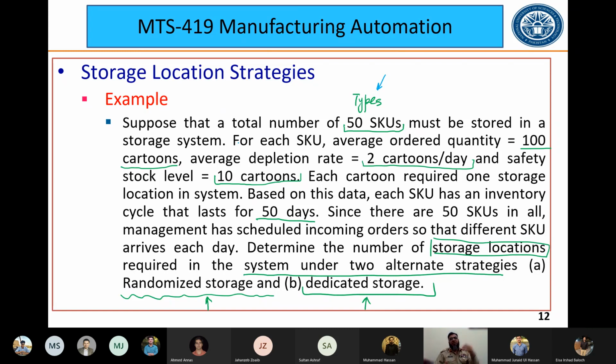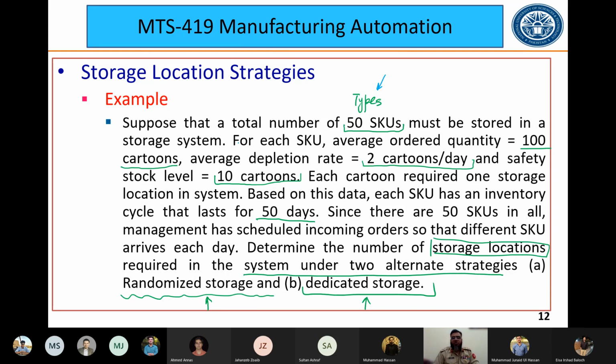It means that if I order one SKU in 100 quantity, already maintaining a stock level of 10 cartons, then if I order 100 quantity at day 1, in 50 days these 100 will deplete, and on the 51st day I have to order it again. Please bring this into your mind, make a picture of how I have to demand these.